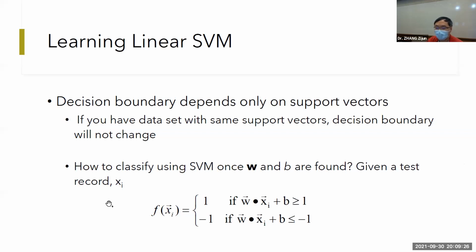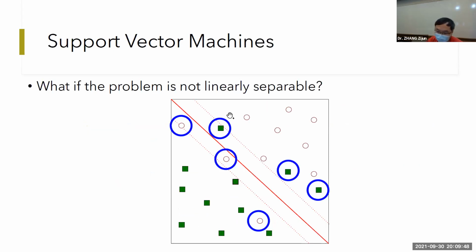Given a test record Xi, you fit its value into it. If this multiplication plus b is larger than or equal to 1, then you say it belongs to class 1. If it is less than or equal to -1, then its tag is -1.